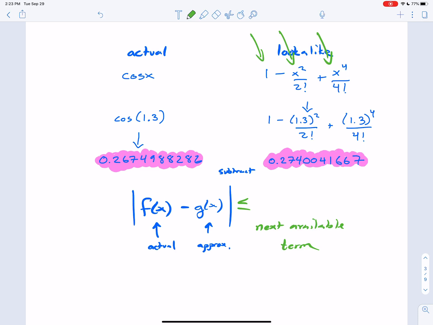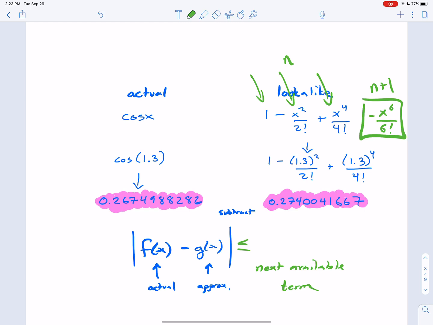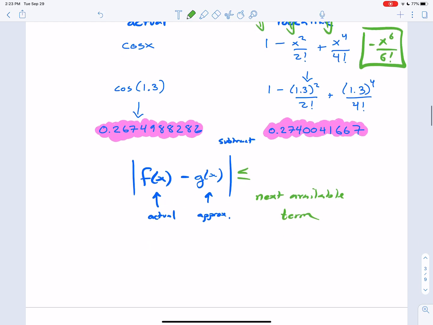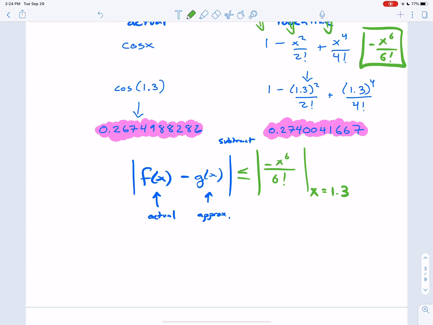The fourth term right here is negative x to the 6 over 6 factorial. So this is the n plus 1 term, and this is the n, the number of terms that we used. In this case, we're going to have negative x to the 6 all over 6 factorial, and we're going to evaluate this at 1.3.